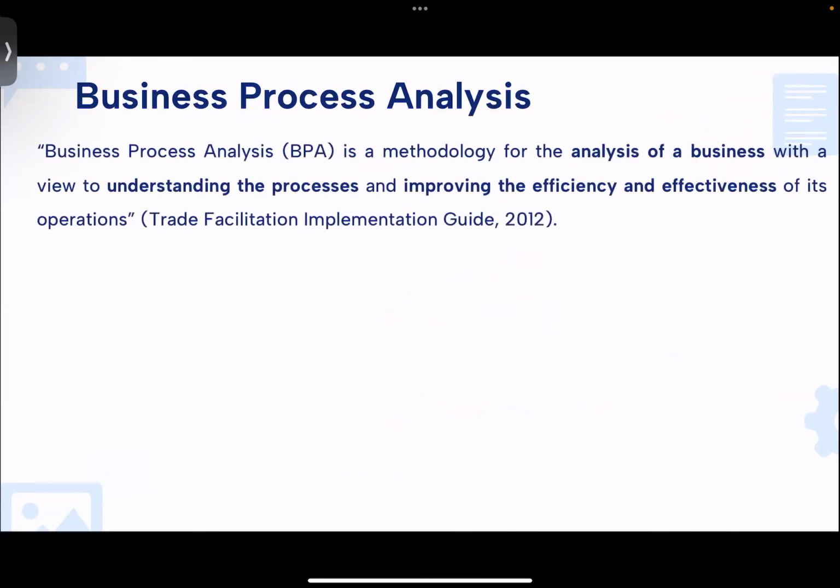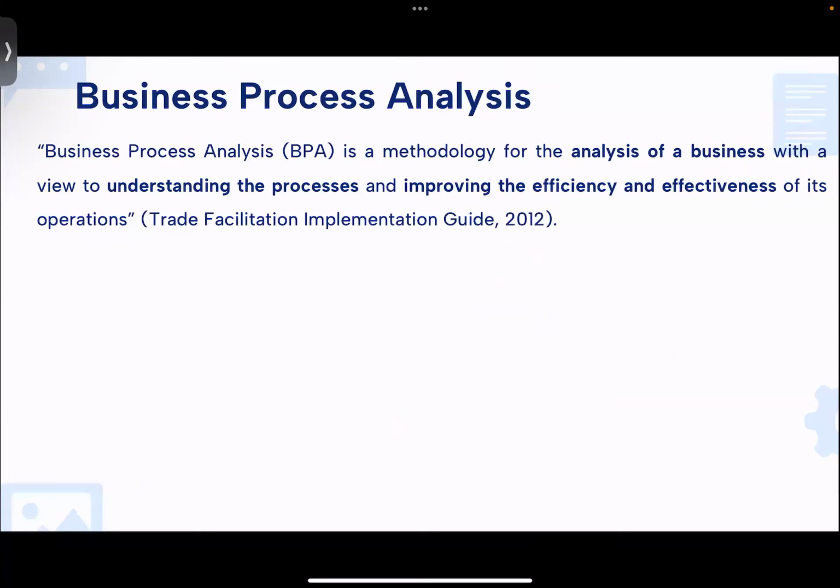This is another definition of business process analysis. I gave one definition at the start, and this is another. Business process analysis is a methodology for the analysis of a business with a view to understanding the process and improving the efficiency and effectiveness of its operations.